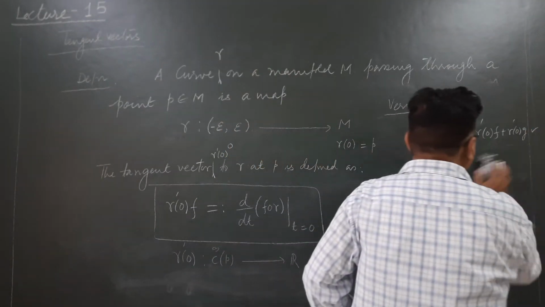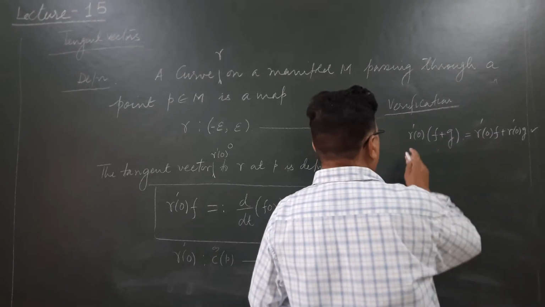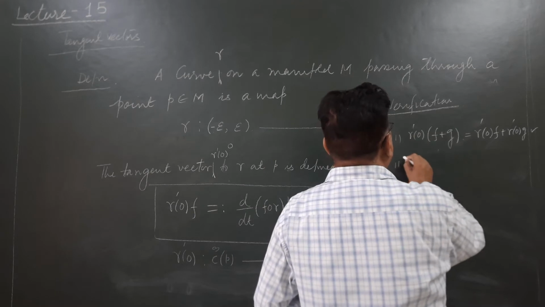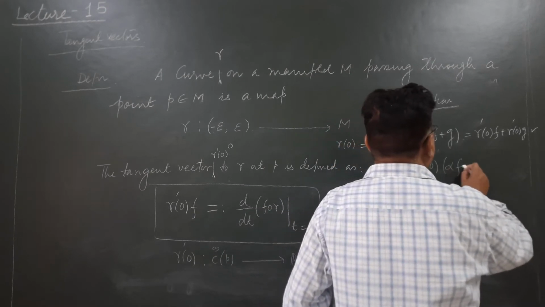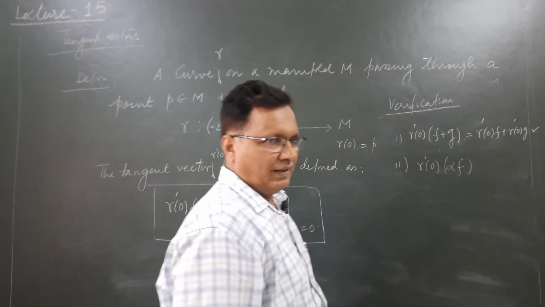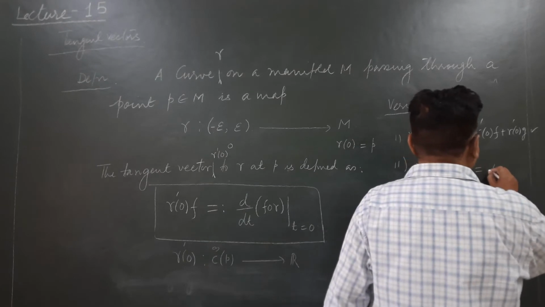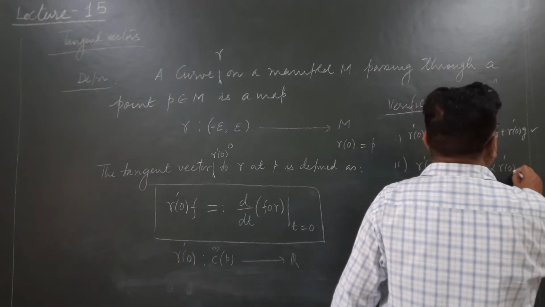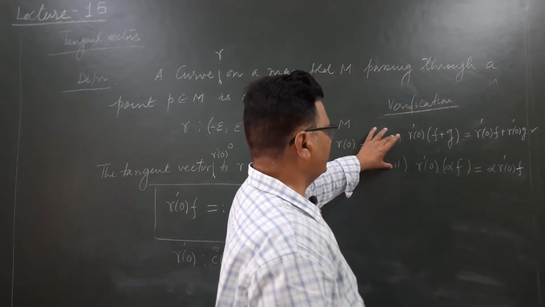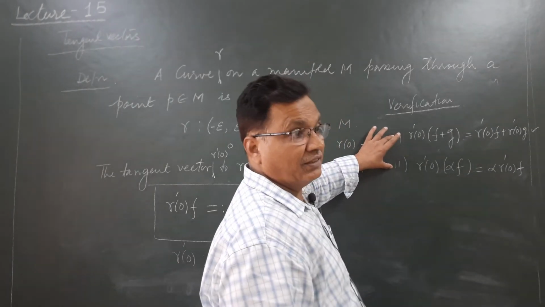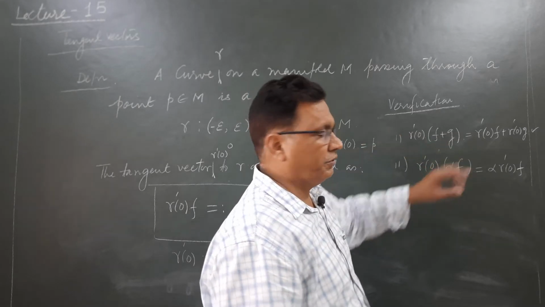On the same lines, you can also check, that will be still easier, that gamma dash 0 operating on some scalar times function f is alpha times gamma dash 0 f. Combining first and second, you will say that gamma dash 0 is a linear map on C infinity(p) to R.